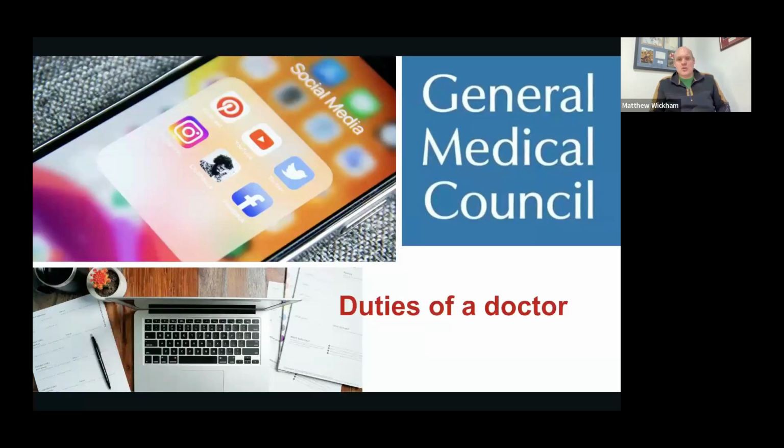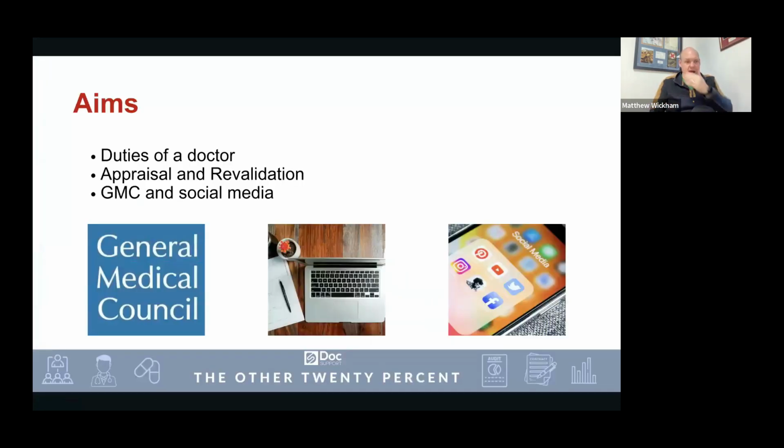Okay. So we're going to rattle on through to duties of a doctor, and it's worthwhile being aware we're going to talk over the broad aspects of duty of the doctor, but we're then going to push this forward into three areas. We're going to really focus on the duties of a doctor, what it says, and then also appraisal and revalidation. Due to time, I haven't got the GMC and social media, but actually we'll try and reflect upon those as well.